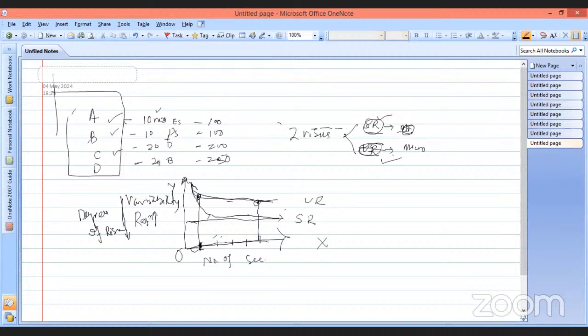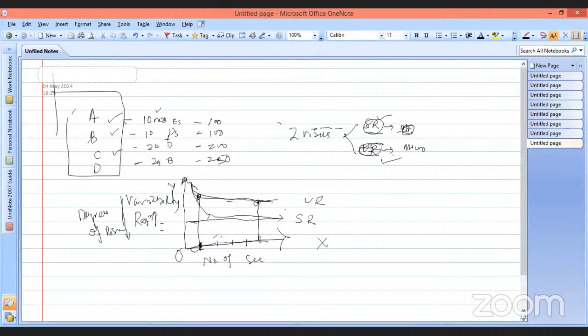Is it clear? Yes, sir, but a little confusion. Can you please repeat it again? The second point, on variability of return. This is exactly not return. Just before, I have already written it. This is return, but this is not return.